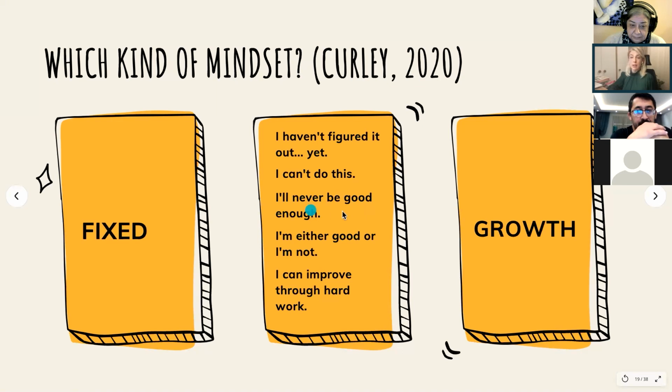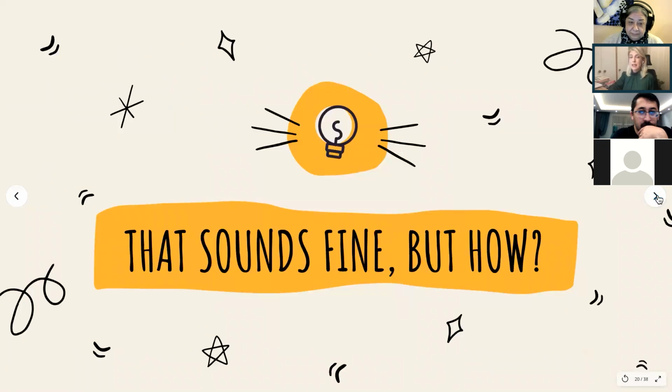"I'll never be good enough." One of the key words for fixed mindset. Exactly, brilliant. "I'm either good or I'm not." Black or white thinking. Well, it's fixed, basically, right? Terrific, thank you. And "I can improve through hard work." Growth mindset. Right, exactly.